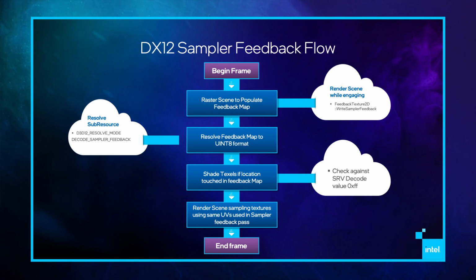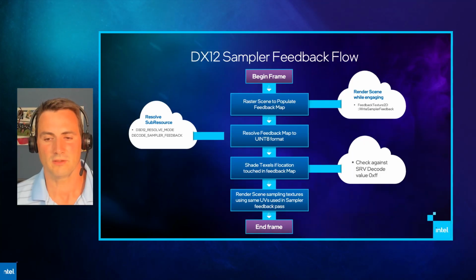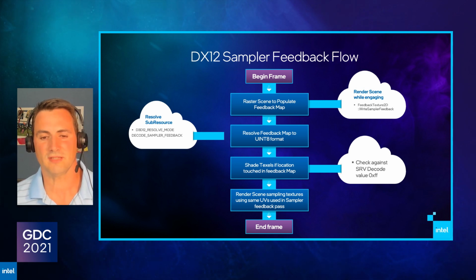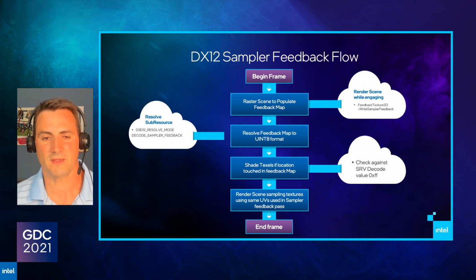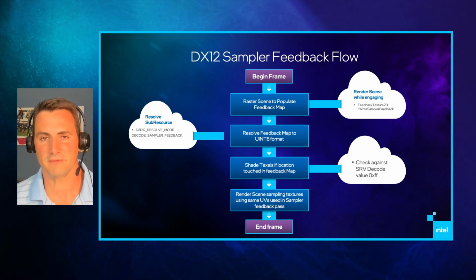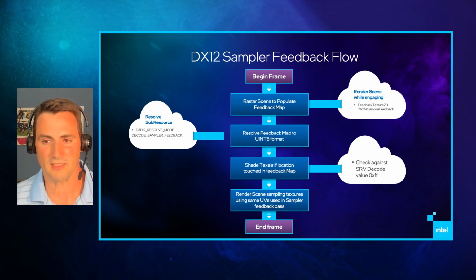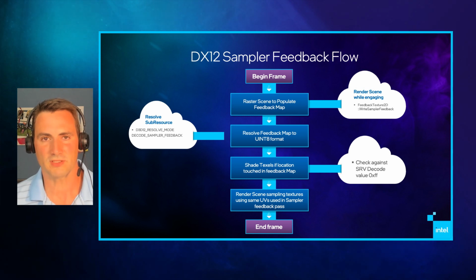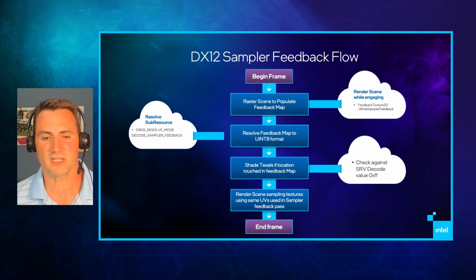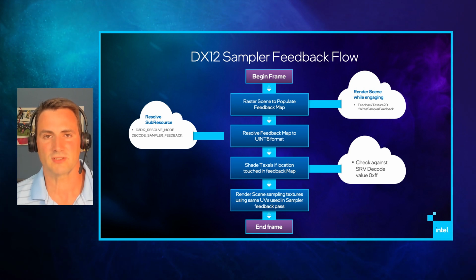Then, after the feedback map is populated, we would resolve the resource into a uint8 format. Then, when it comes time to shade the texels, we check the feedback map, and if the feedback map has a value of 0xFF, we know that we need to shade that texel.